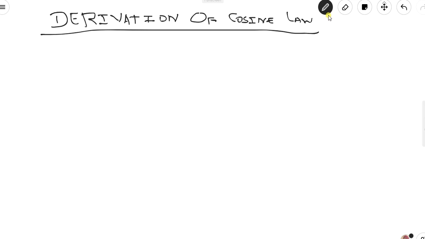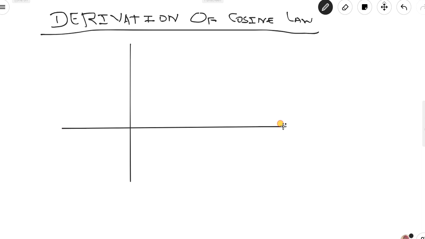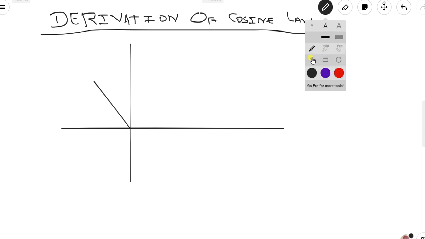For that purpose, we are going to draw a two-dimensional Cartesian plane, like this. And I'm going to draw a vector here. So this is the origin. This is positive y, that's negative y.